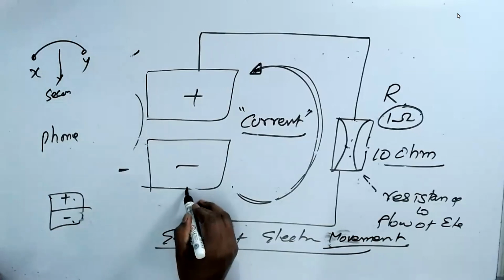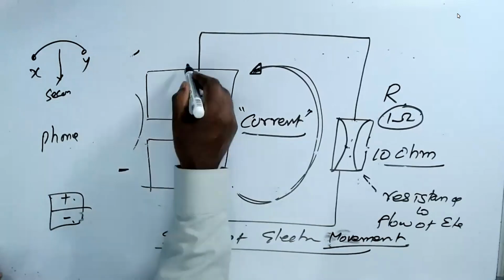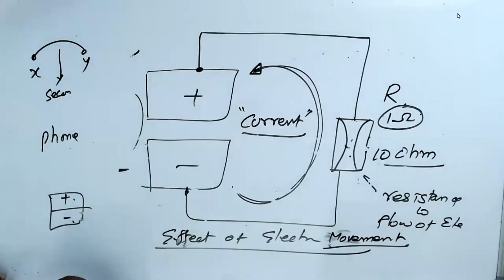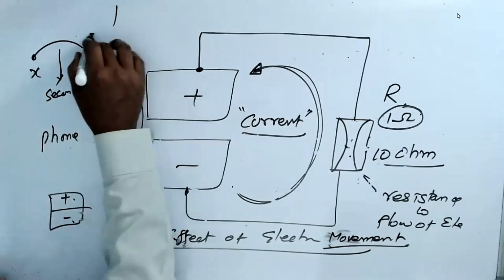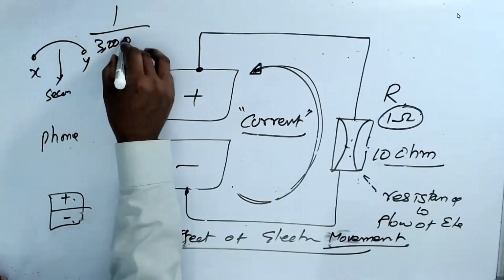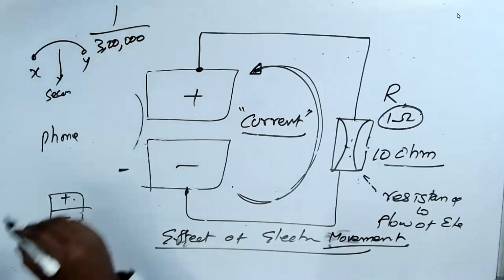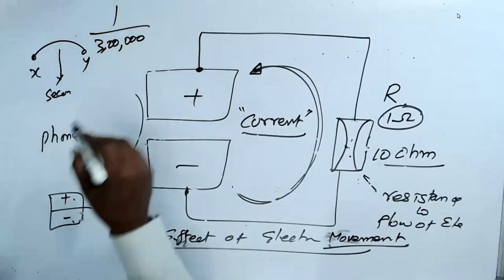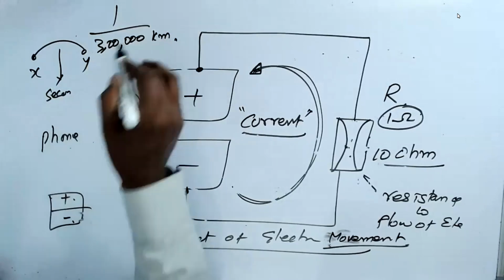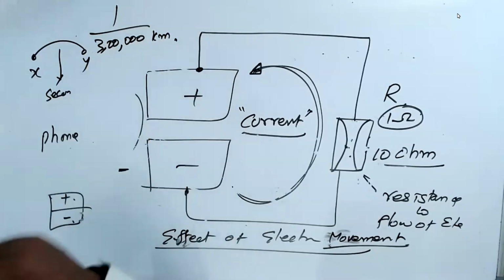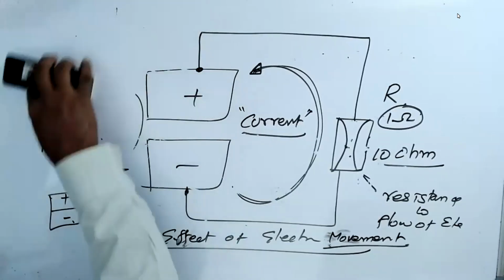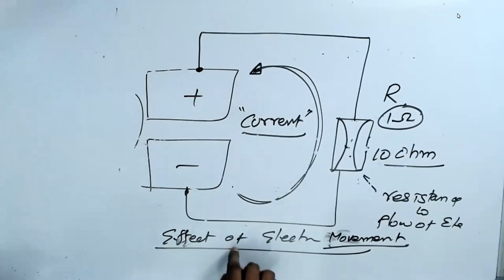But when this electron moves here, you feel the effect there. You know how fast? 3 lakh kilometers per second. The effect travels. Please understand, the effect is called current.